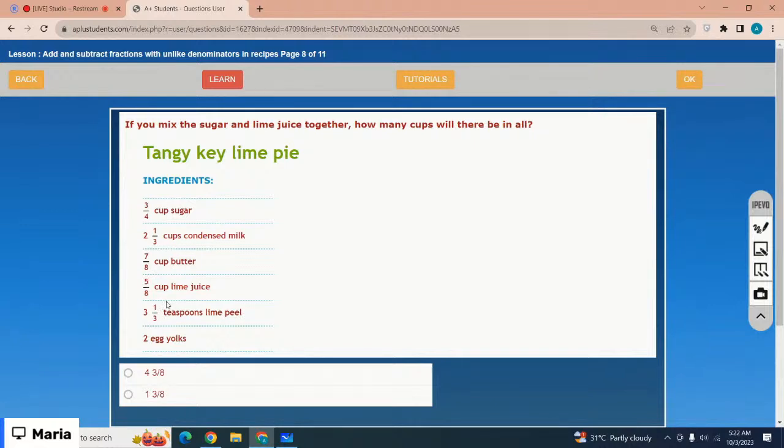That would be 6 and 5, 11. That is very good. 1 whole 3 over 8 it is.